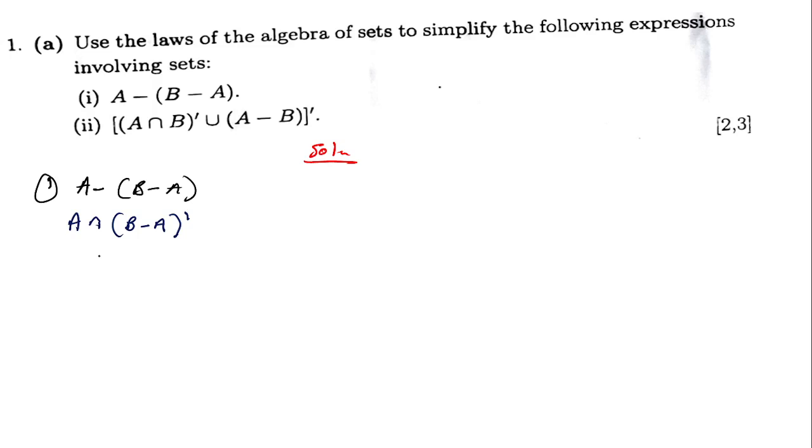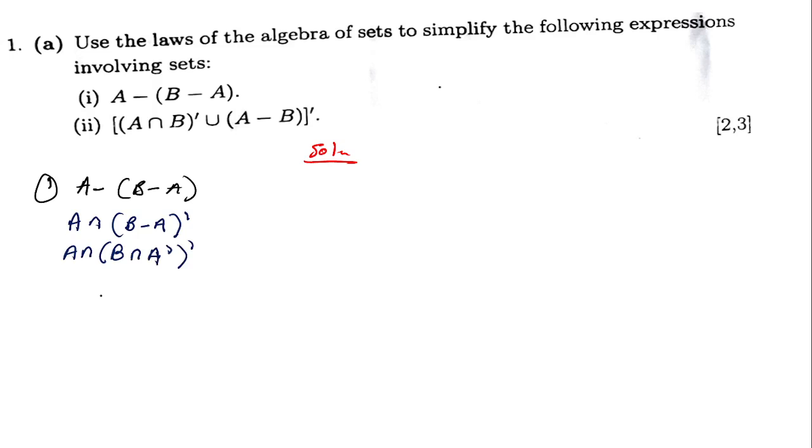Then I'll do the same thing with the inside. So I'll say A intersection open bracket B, and the minus there will change into intersection, and A will have a complement, and that complement will be maintained like that.